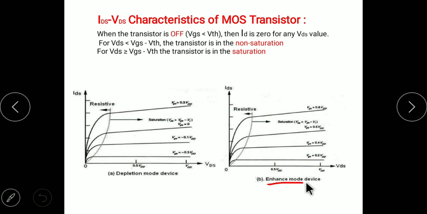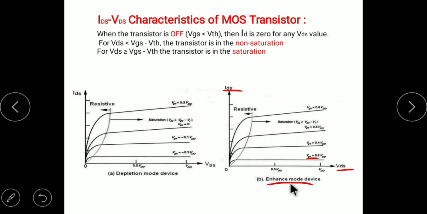In the enhancement mode MOSFET transistor, these characteristics give the relationship between VDS versus IDS. What is VDS? Output voltage, and IDS is the output current, for different values of VGS, that is the input voltage. If you apply gate voltage, the channel will be developed.